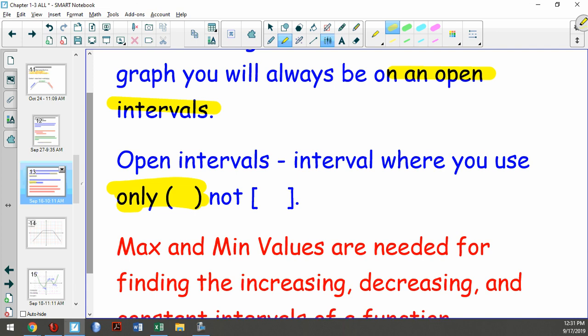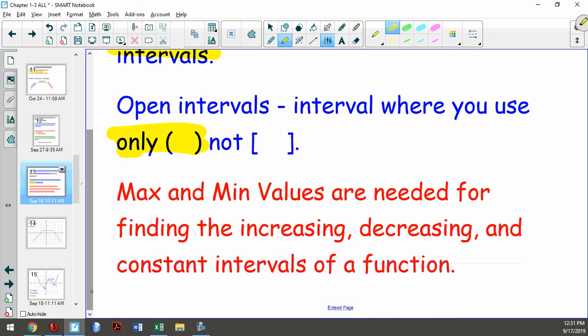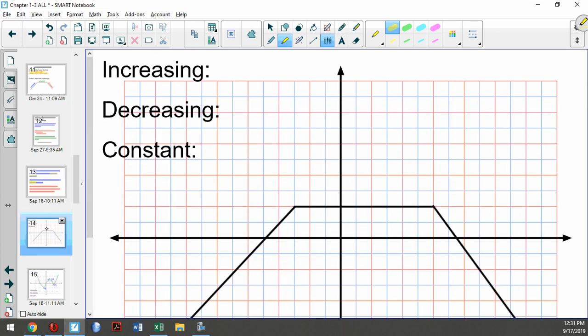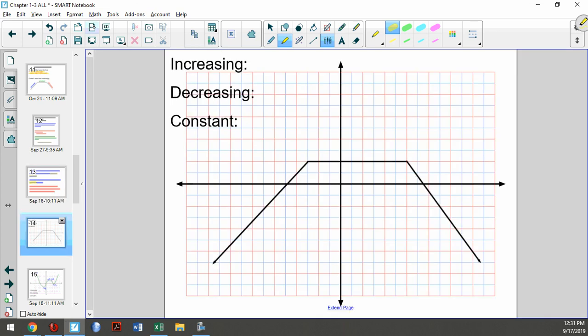Maximum and minimum values are needed because this is where you are changing directions, okay? So whenever I give you a graph, the very first thing you want to do is find the point on the graph where the direction changes from increasing, decreasing to constant, and vice versa. Okay? So the very first example I give you is this one right here. And I say, okay, I want you guys to find the intervals in which it's increasing, decreasing, or constant.